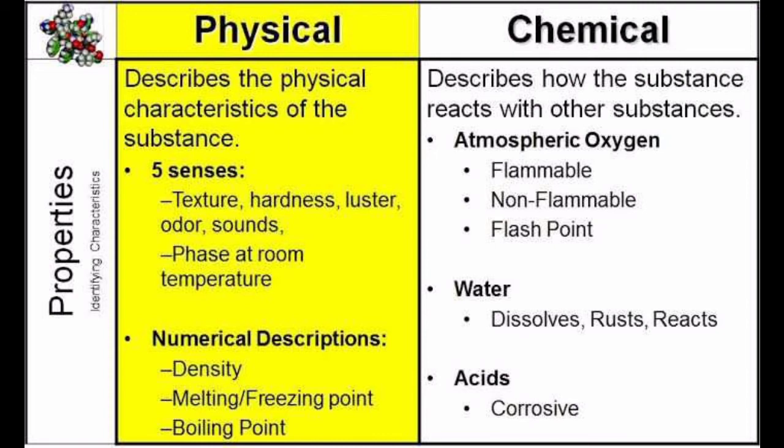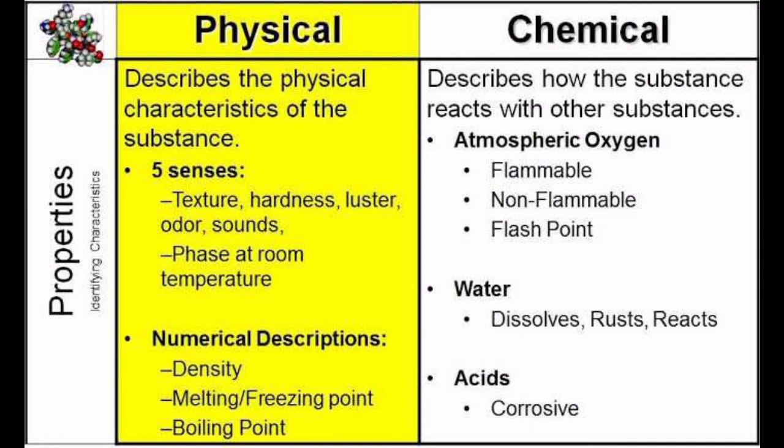So physical properties include what we can perceive about the given substance using our senses, that is the texture, that means how the substance appears or feels, then the hardness, luster, whether it appears shiny or not, then the odor, sounds, and in what phase it exists at room temperature, whether it is a solid, liquid or gas. All these come under the category of physical properties.